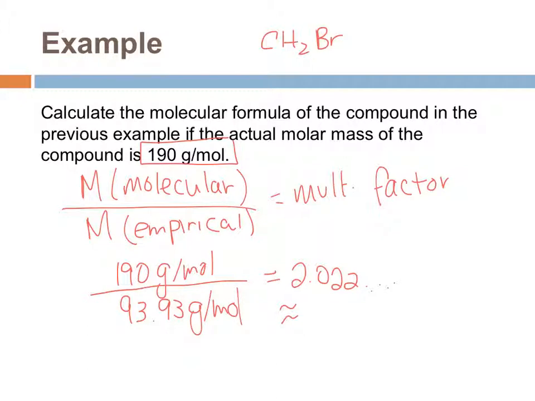So that's about 2. Meaning that our molecular formula is twice our empirical formula. So you're going to multiply each of the subscripts in your empirical formula by 2. That gives you a molecular formula of C2H4Br2.